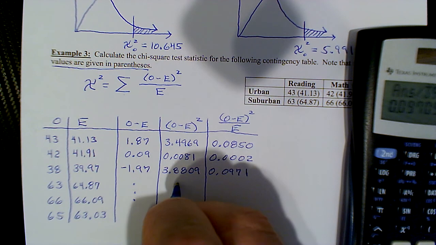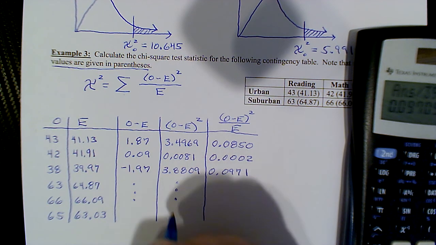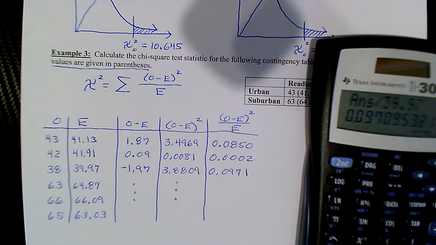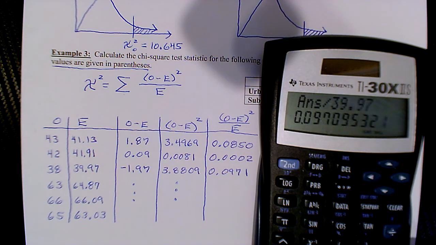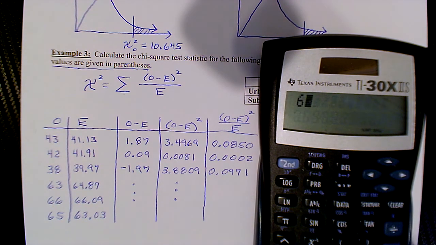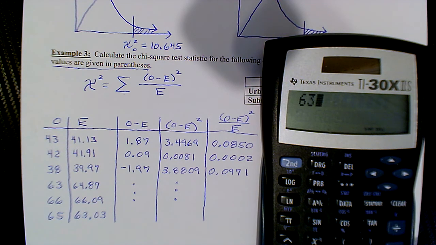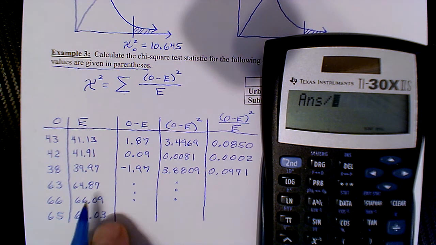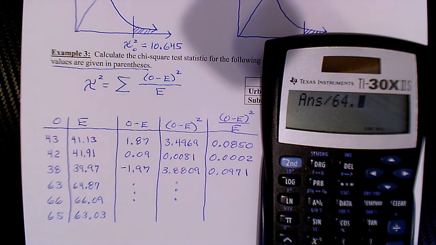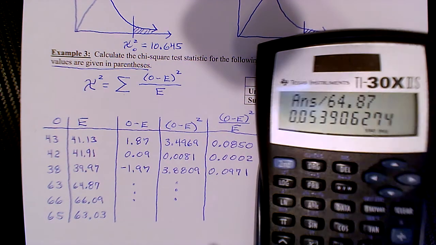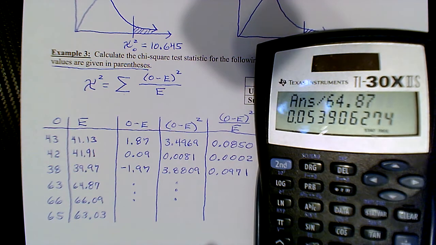But I'm just going to put some ellipses in here, indicating that you can basically just skip that, because watch, if, as we've done, it takes 63 minus 64.87, press equals, then I square it, and then divide by the E, which was the 64.87, and that gives 0.0539.